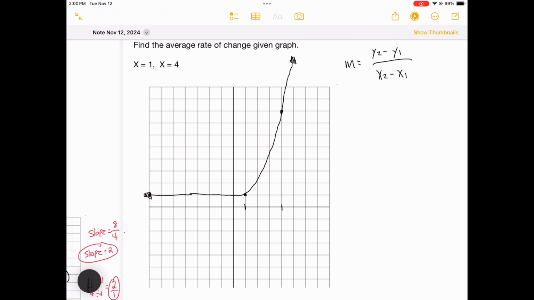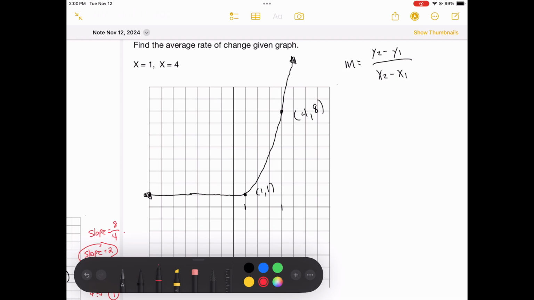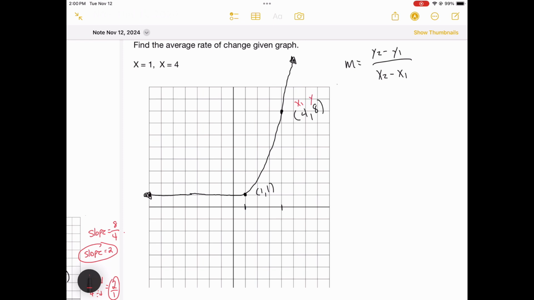So for example, here we have x is 1, y is 1, and here we're going to have x is 4 and y is 8. So again, it doesn't matter which one I call x1 and y1, you'll get the same answer. I'll call this one x1 and y1, and I'll call this one x2 and y2, and I'll still get the same answer, and I'll show you here in a second.